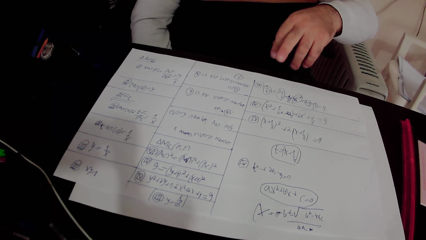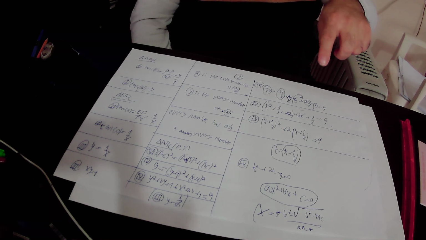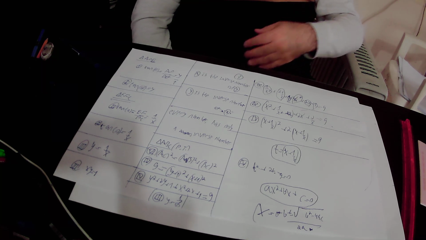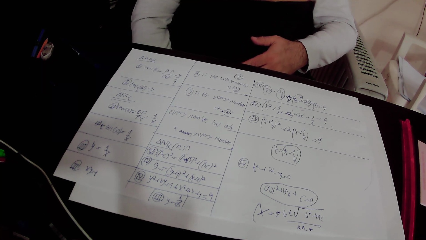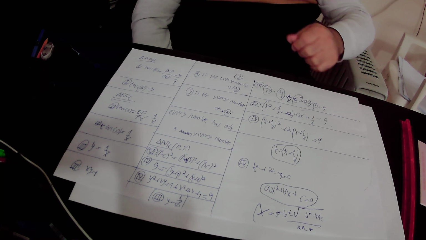Then we organize the expressions in a different order, and we got X squared plus 1 over X squared plus 2 plus 2X plus 2 over X equals 9.